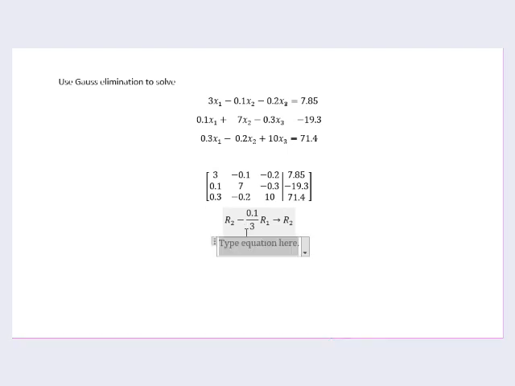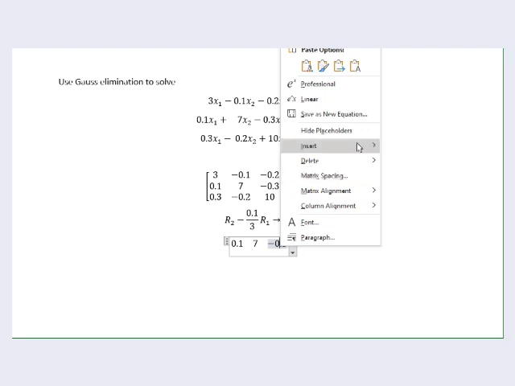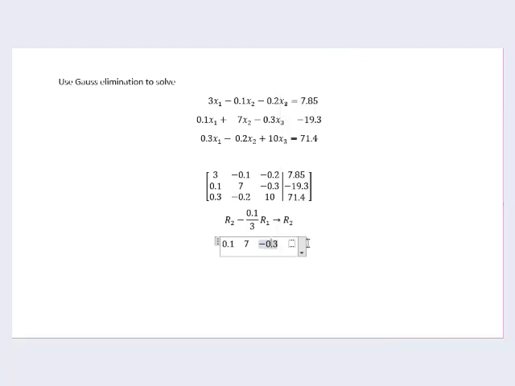I have my second row, which is 0.1, 7, minus 0.3, minus 19.3, and then I have here the first row multiplied by 0.1 divided by 3.